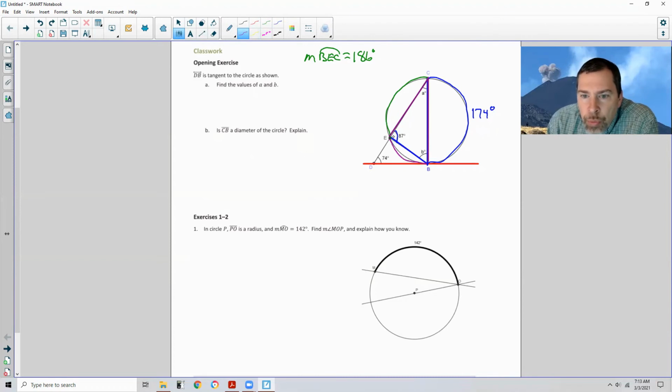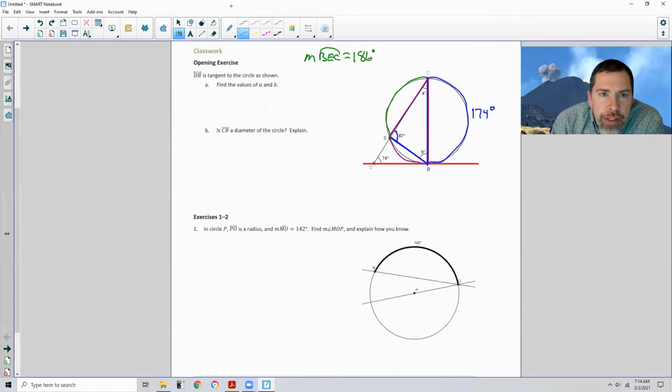So angle ECB is one half of this arc here. Okay, B is one half this arc. This angle is 74 degrees right here. So what else do we know?